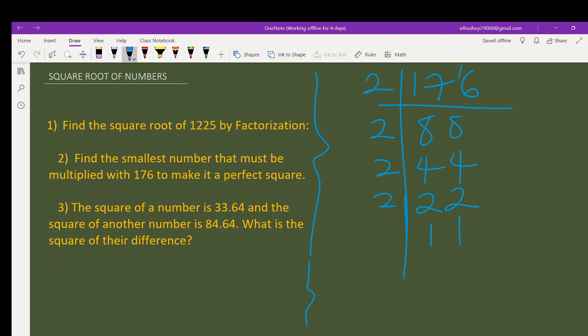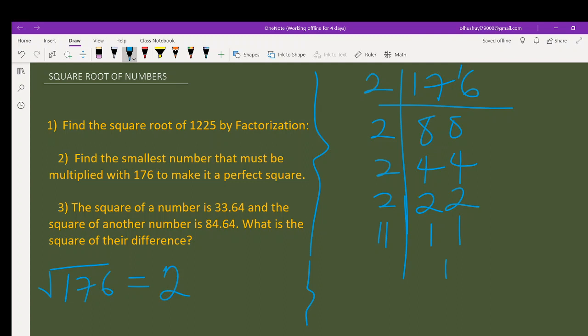What divides? No other thing than 11. That's 1. So what do we have here? Writing this the way we wrote the other one, the square root of 176 can be written as what?